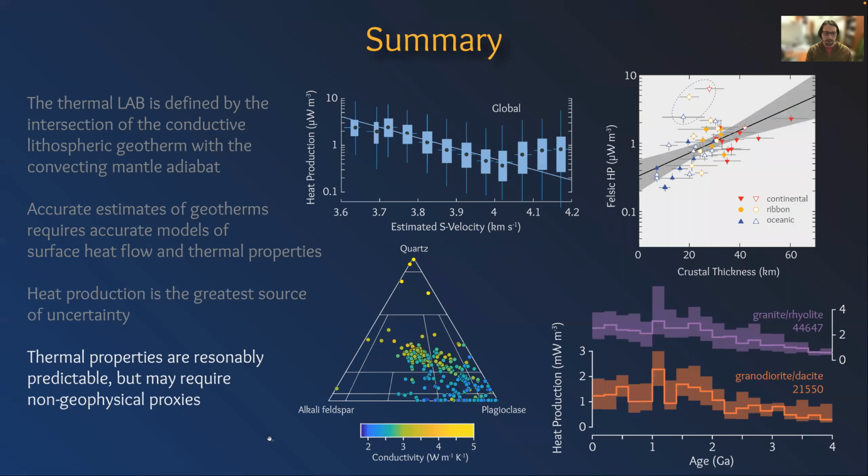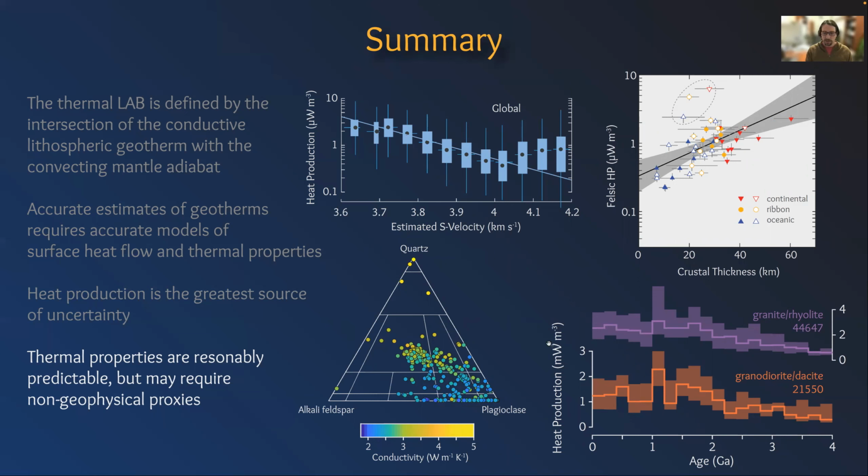And the last point that I want to summarize is that these thermal properties actually are relatively predictable, but that often requires knowledge of non-geophysical proxies like the composition and mineralogy, or the age of the rocks, possibly even crustal thickness, some of which are difficult to get from geophysical data. Crustal thickness and seismic velocity, not so much, but some of the rest of these may be.